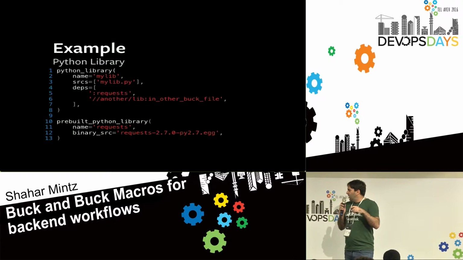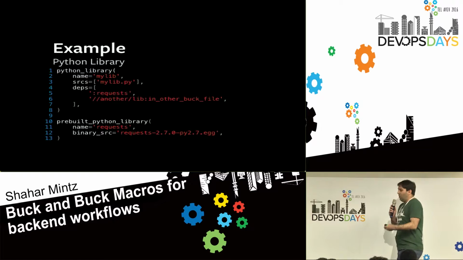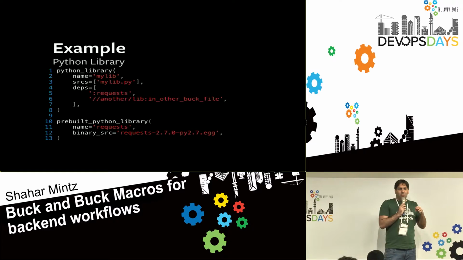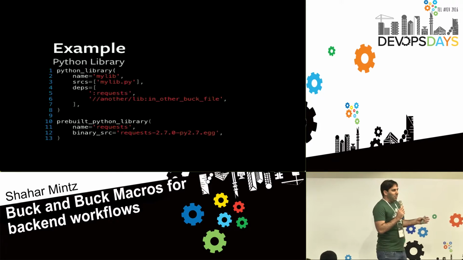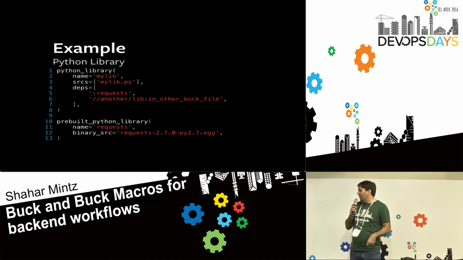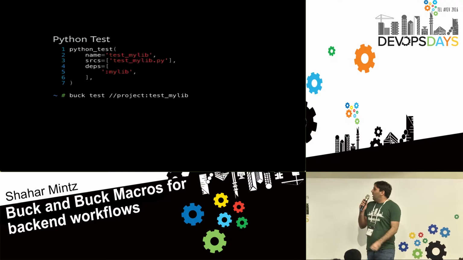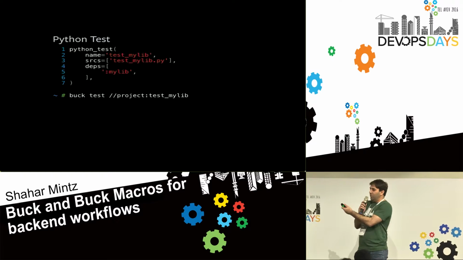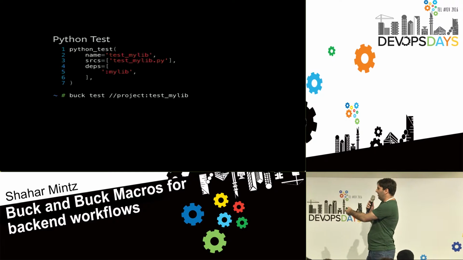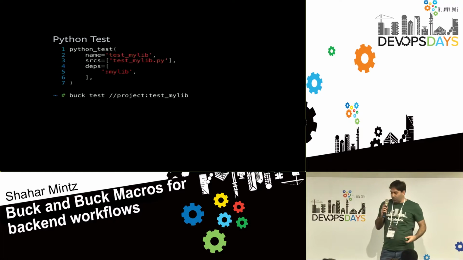So it could be another library in your code or an external one that you pre-built, and you don't need to rely on some process to install them on the machine later on. After that, you can define a test. And it's really easy to run the test. You just run buck test, and it runs all the tests that are required for that library.